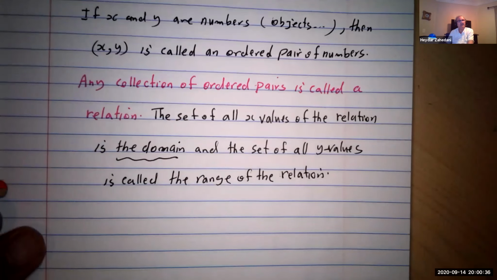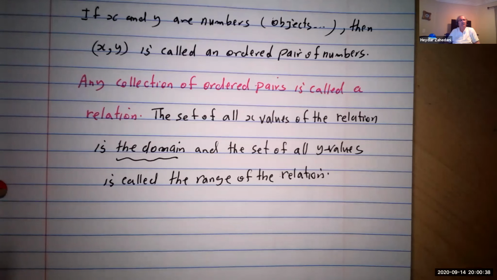Those x's are going to be called the domain, those y's are going to be called the range.